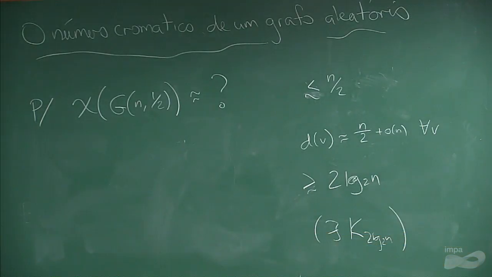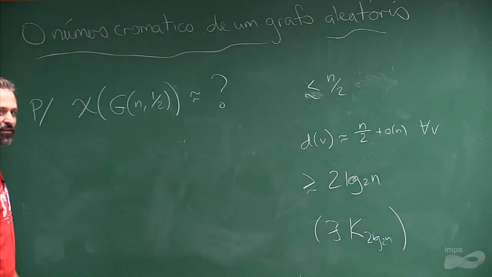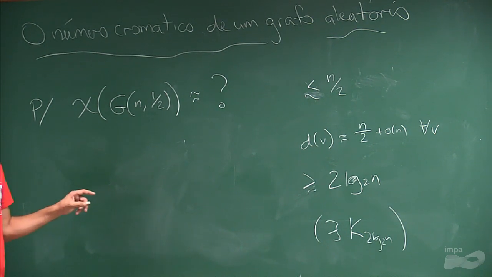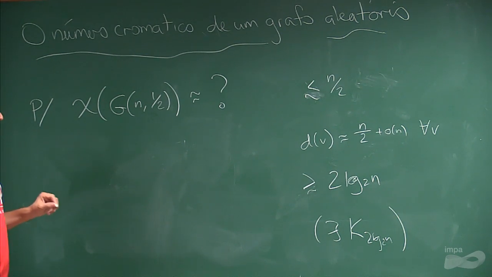Ah, okay. So let's try a random coloring. Seems not a crazy idea. We're going to randomly color with R colors. So what's the probability that an edge is monochromatic?